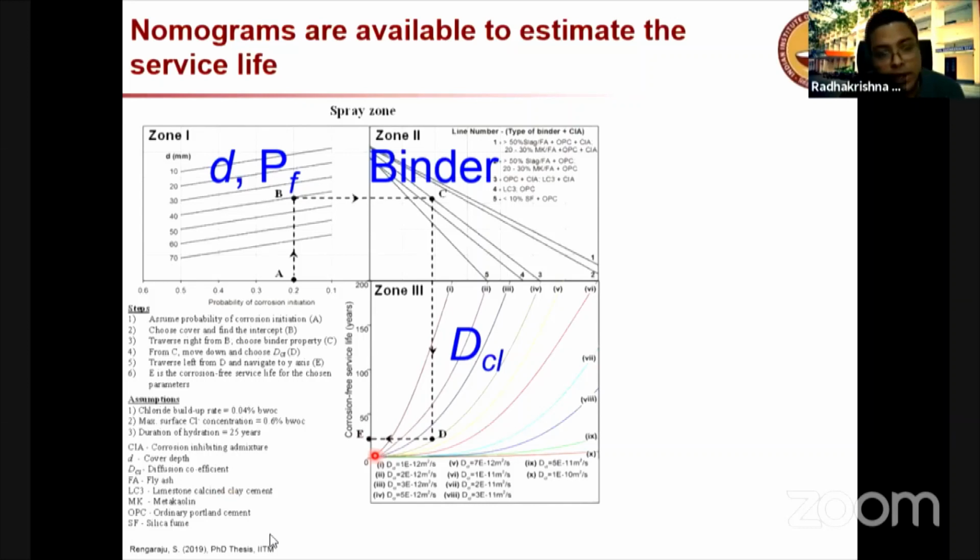So the idea here is, first, in a structural office, you decide what the cover depth is and what the acceptable probability of failure is. Then you decide what type of cementitious binders are to be used. And then you look at what diffusion coefficient can be set as the target diffusion coefficient to achieve a particular design life.